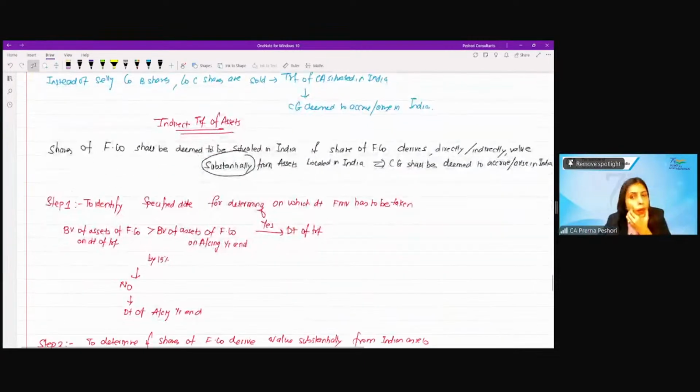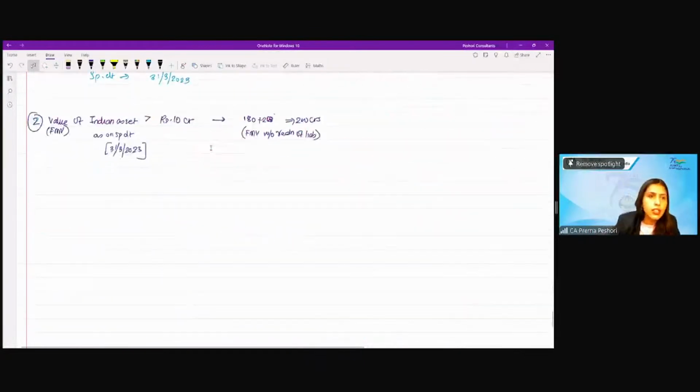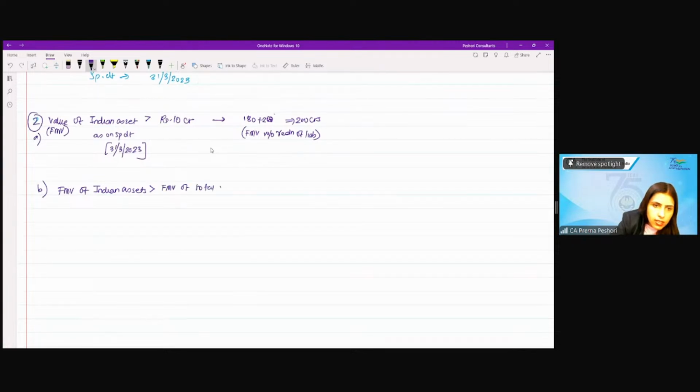Clear? Now what about the second test which is there? This is A, this is B. So FMV of the Indian assets is at least 50% of the total assets of the foreign company.